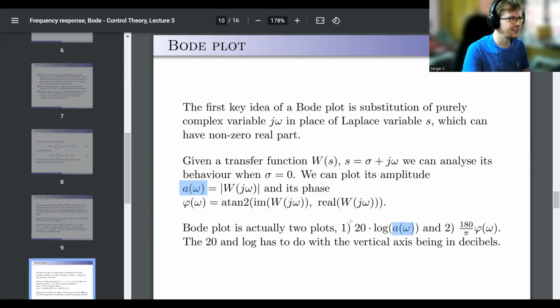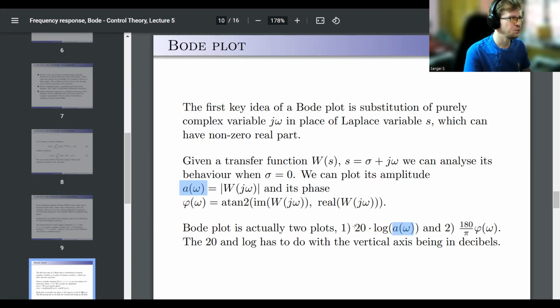And 20 here is kind of interesting. 20 here has to do with the fact that we are working with decibels. Deci means 1/10. So this is how we get 10 out of here.